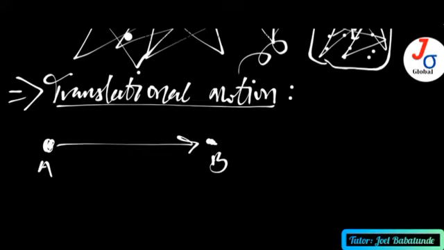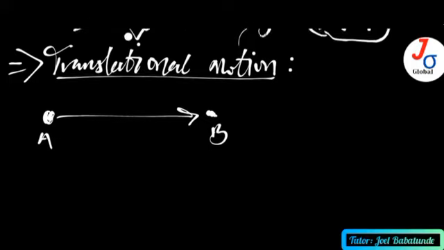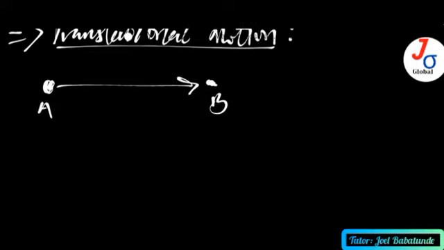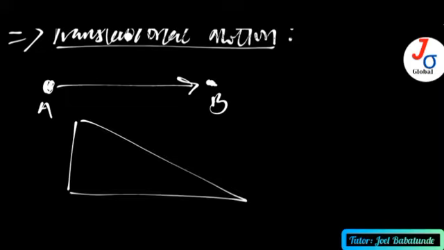They just rigidly move. An example of that would be a block of wood sliding on an inclined plane. So you're moving from point A to point B.